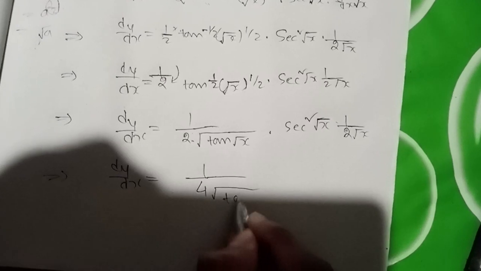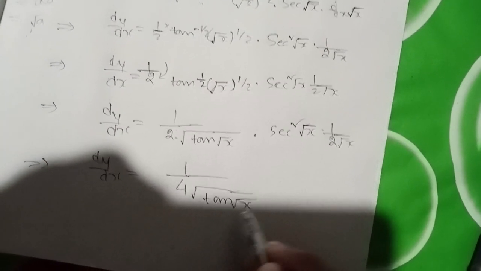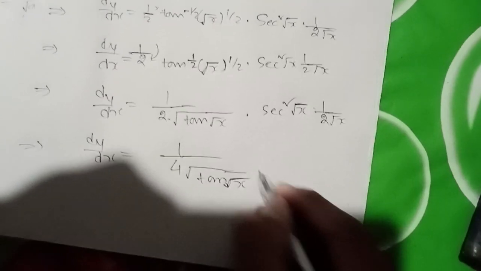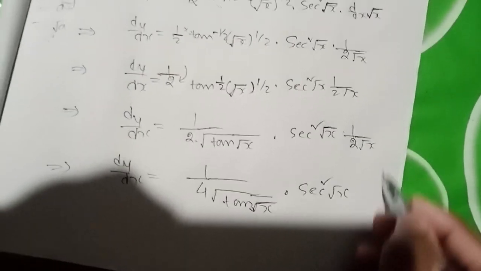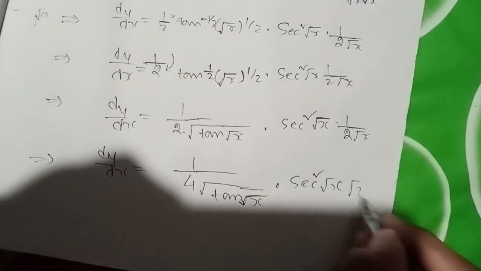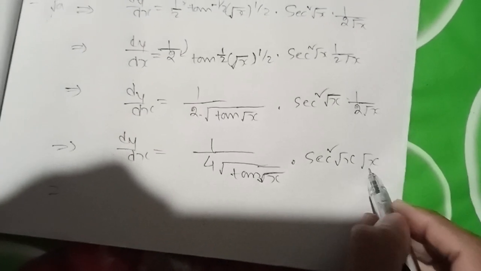Under root over tan x, and sec square x, and here root over x is present. So this root over x we can write here.